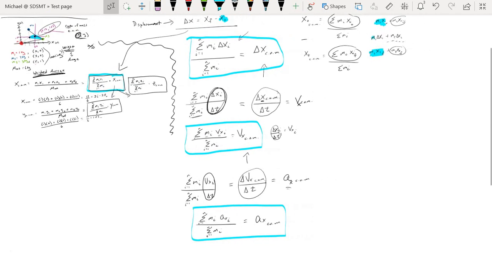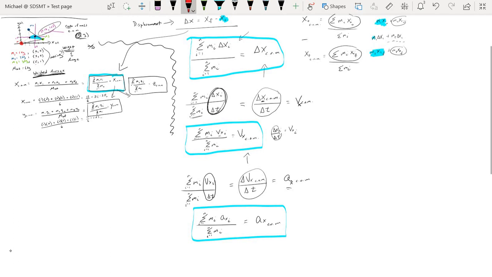Well, there's 4 equations. We've got number 1, number 2, number 3, number 4, but really they're all of the same construct. They're all using the same summation approach, which is a weighted average. And all we've done is updated the equation for the new term, whether it was position, displacement, velocity, or acceleration.